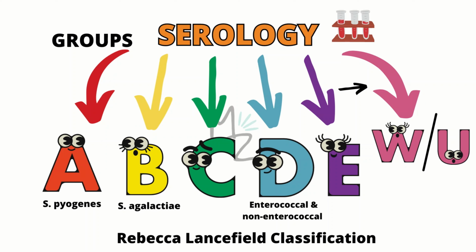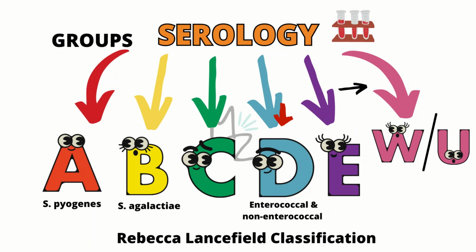Group A Streptococci, for example Streptococcus pyogenes, are one of the most important human pathogens. The group B Streptococci, for example Streptococcus agalactiae, are also very important. They colonize the genital tract of females, and they are responsible for causing neonatal meningitis and sepsis. We're going to talk about all of that in today's video. Then we've got group D, that is important.